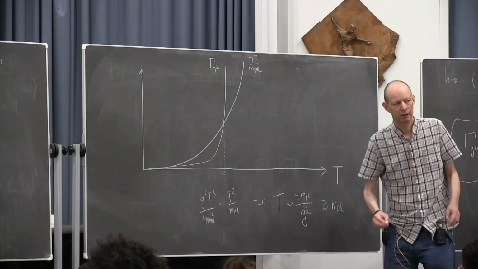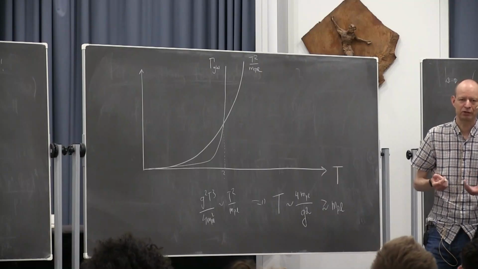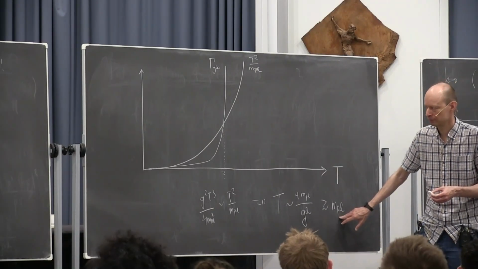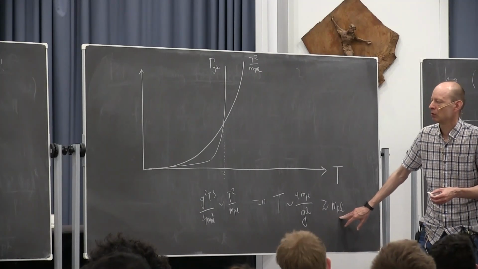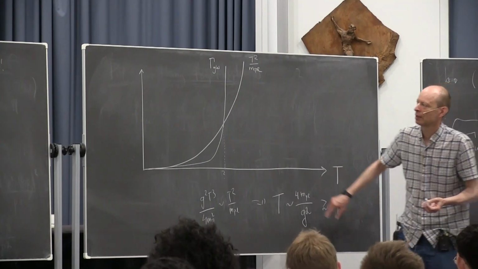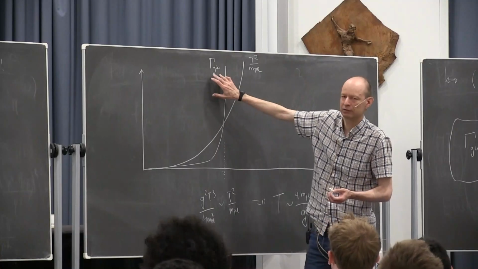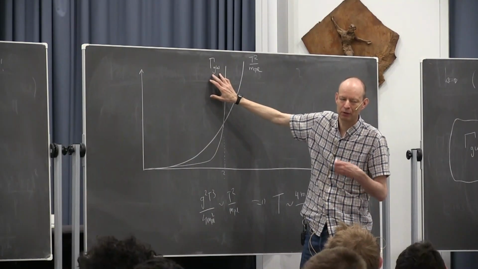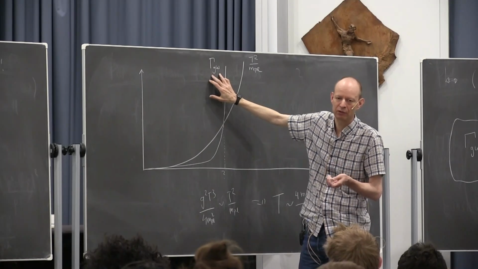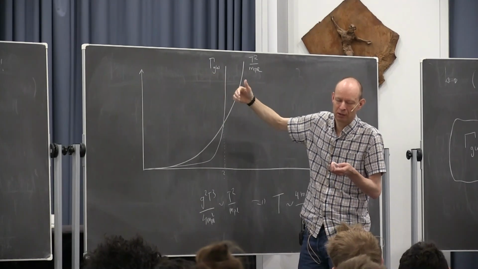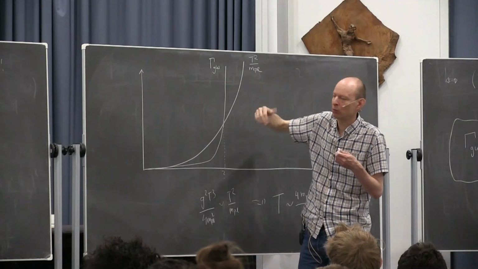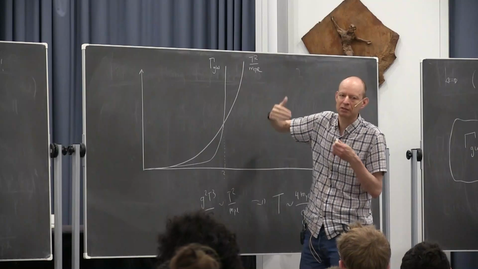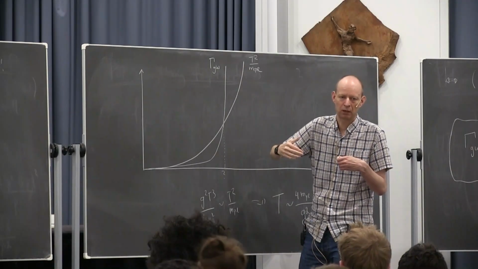So what does it mean? It means that if there were temperatures in the early universe of the order of the Planck mass or larger, then this rate, the interaction rate, the production rate of the gravitational waves, would be so large that we indeed produce gravitational waves within a given Hubble time such that they can equilibrate.